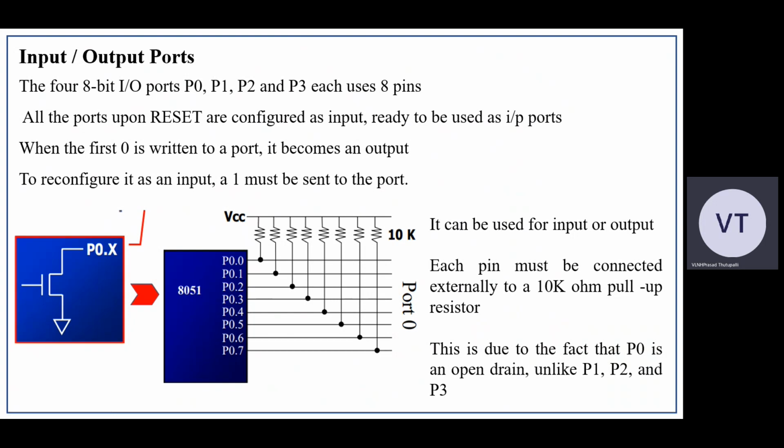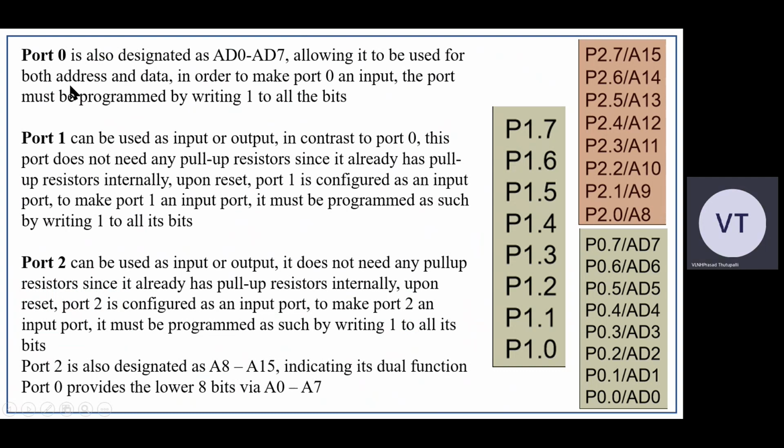Means their FETs are not open, drains are not open, right? Now similarly, port 0 is also designated as, means each port apart from working like input output port, some port behaves like dual ports.